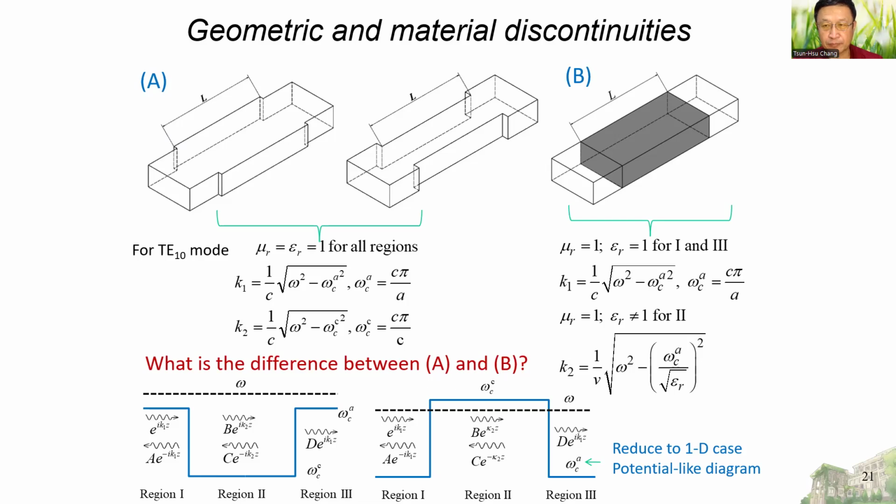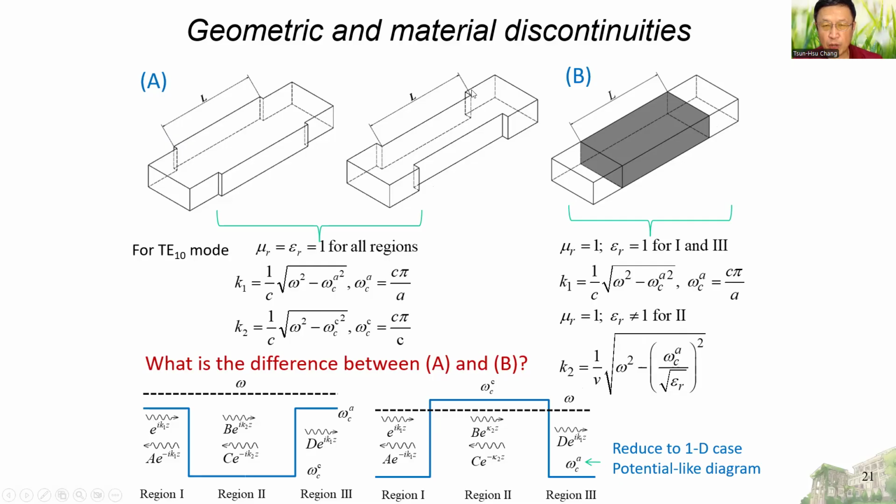And for B, we can simulate with an effective medium. We can put a medium with epsilon R inside region 2, and the cutoff can be changed. Okay, the cutoff can be increased or decreased, depending on the relative dielectric constant.